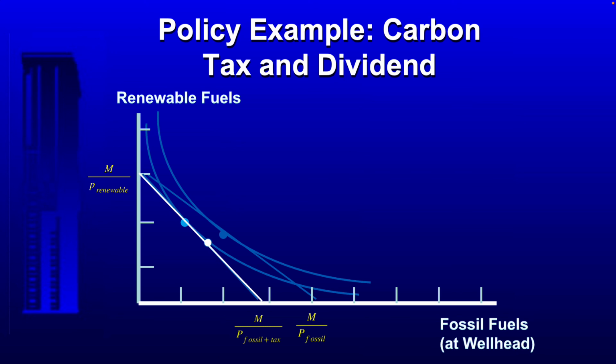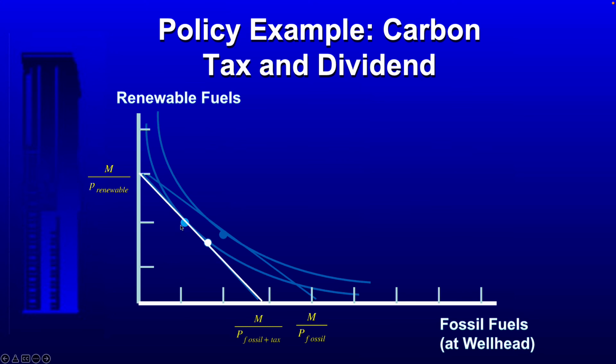Okay, now what we want to do is rotate the budget constraint so it takes into account the relative difference in prices caused by the tax and is still on the same lower indifference curve.